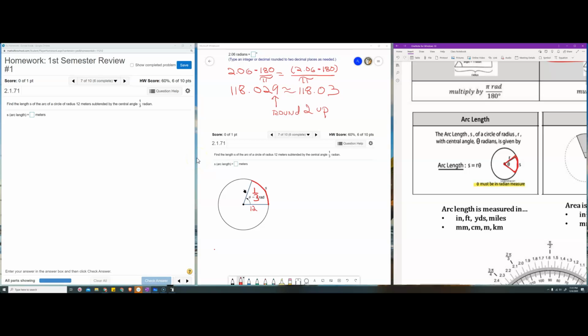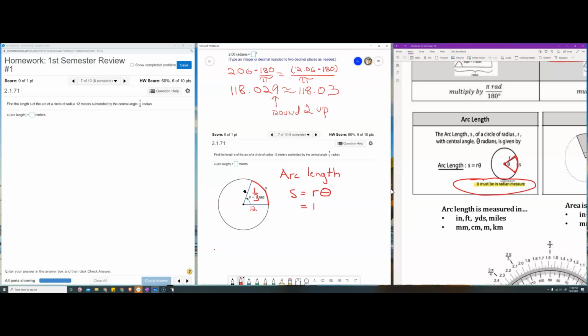Arc length, which we refer to as S, equals the radius times the angle, and the angle, if you look at this, must be in radians, and it is. It's given to us as 1/3.